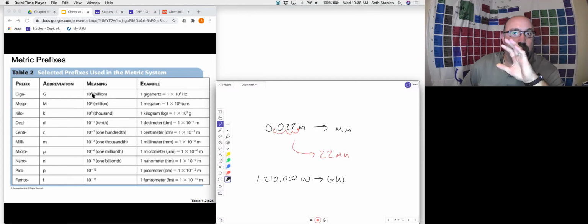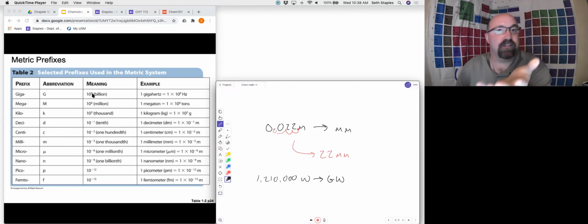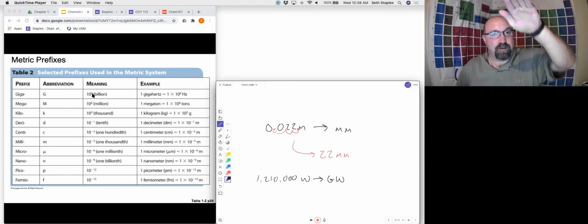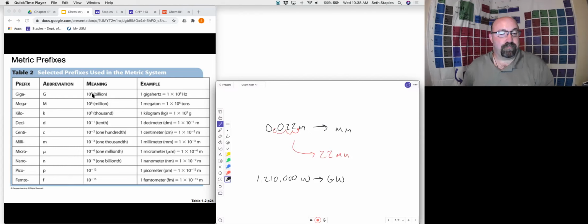So we would be moving from 150 cents to $1.50. So our number gets smaller because our measurement is going up to a larger measurement. Same idea here. So we know that we have to move our decimal point 9 spaces, and then our number has to get smaller.